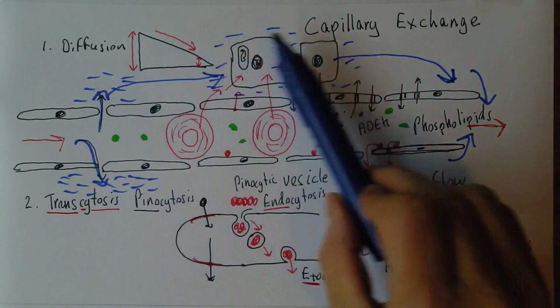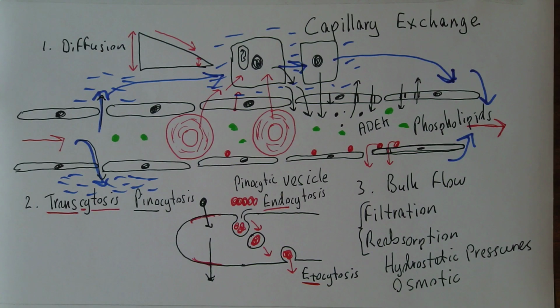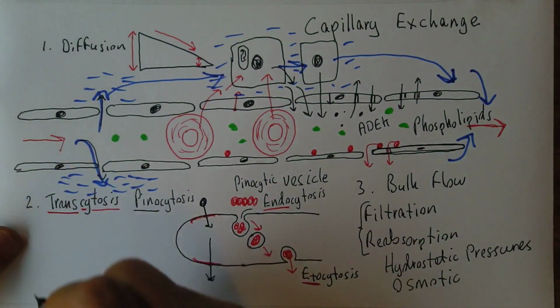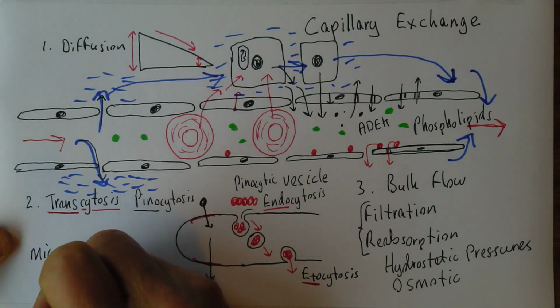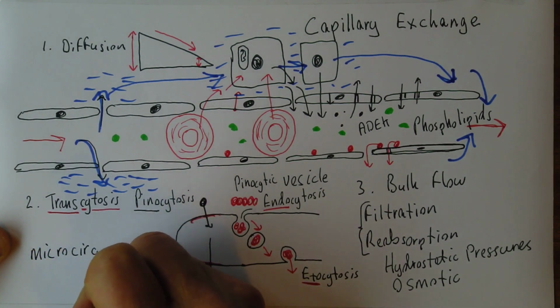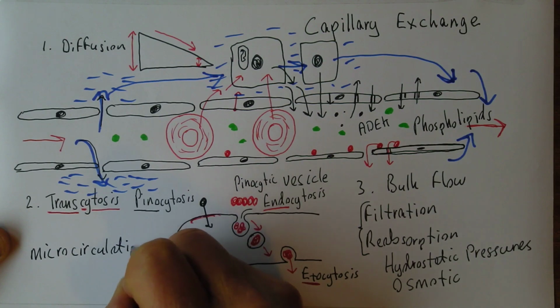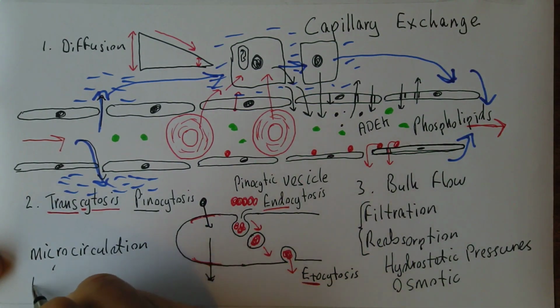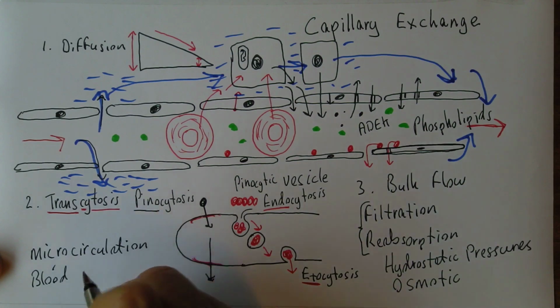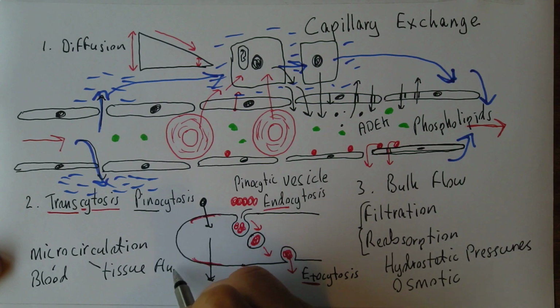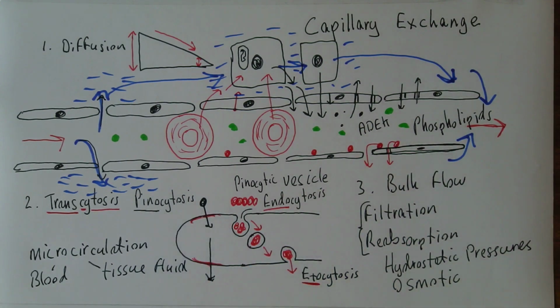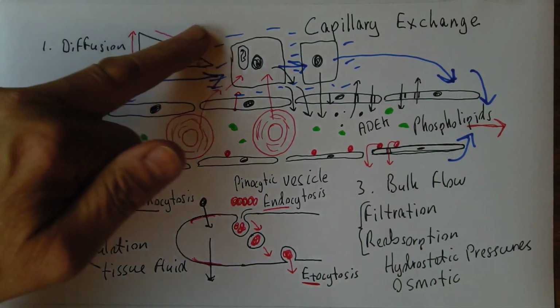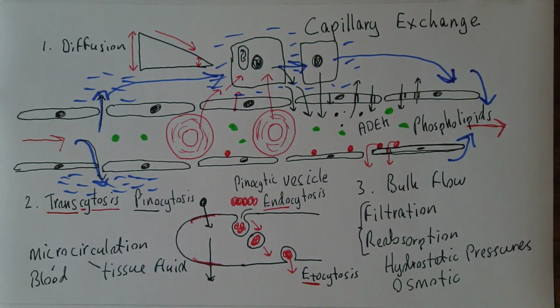So we have another aspect of circulation. So all this circulation through the capillary is microcirculation. There's microcirculation of the blood, but also of the tissue fluid, because it's going to be formed, flow over the cells and reabsorbed.